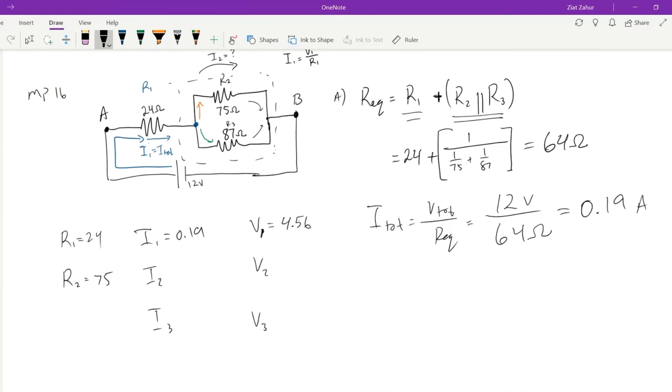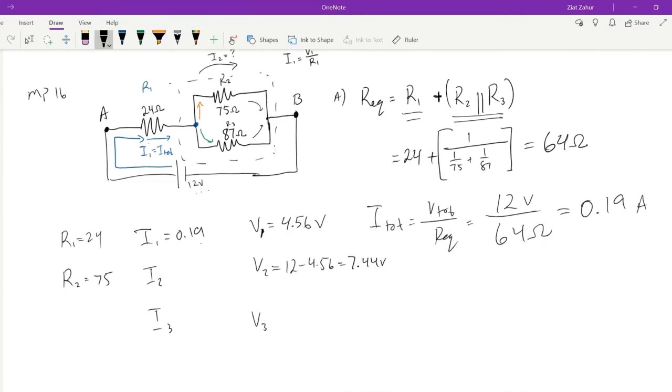So I multiplied the two numbers, 24 and 0.19, to get the voltage 4.56. That means we are losing 4.56 volts here, but we started with 12. So what's left over must be 12 minus 4.56, which is 7.44.